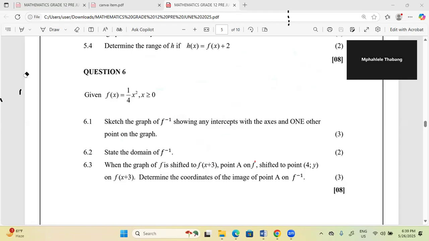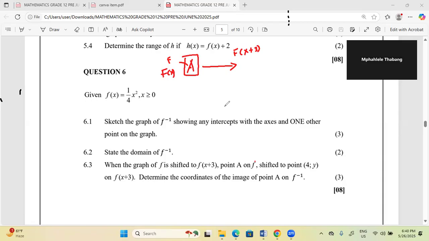So I know that I have a point A on the function f. And when this point A is shifted 3 units to the left, it gives us a new point. Remember, this is a function of f of x, and here we have a function of f of x plus 3.